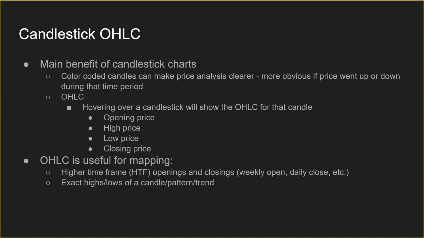We also can find exact highs and exact lows of a candle or a pattern or a trend, right? If Bitcoin perhaps made some sort of extreme move up to 65K and then ultimately came back down, we can pinpoint that exact high, even if it wasn't necessarily a closing position.